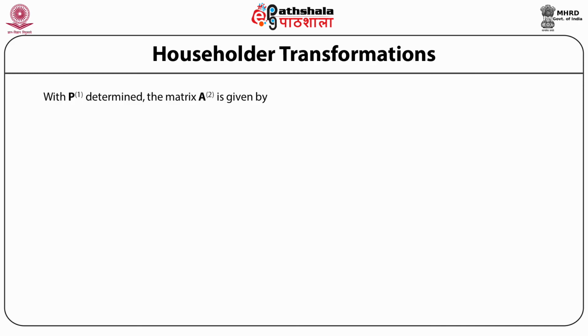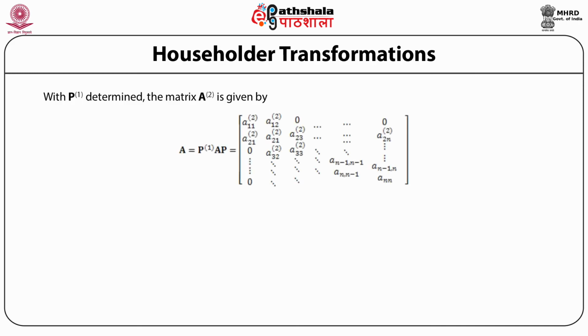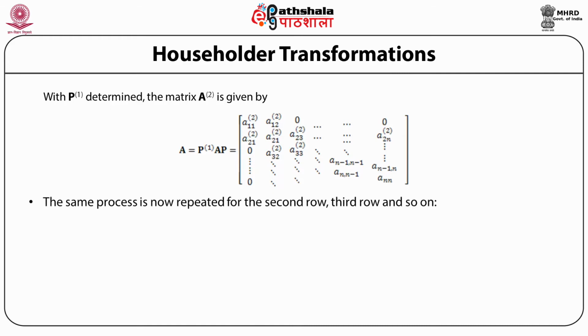With P raised to power 1 determined, the matrix A raised to power 2 is given by P1 A P1, and all the matrices are shown on the screen. The same process is now repeated for the second row, third row and so on.